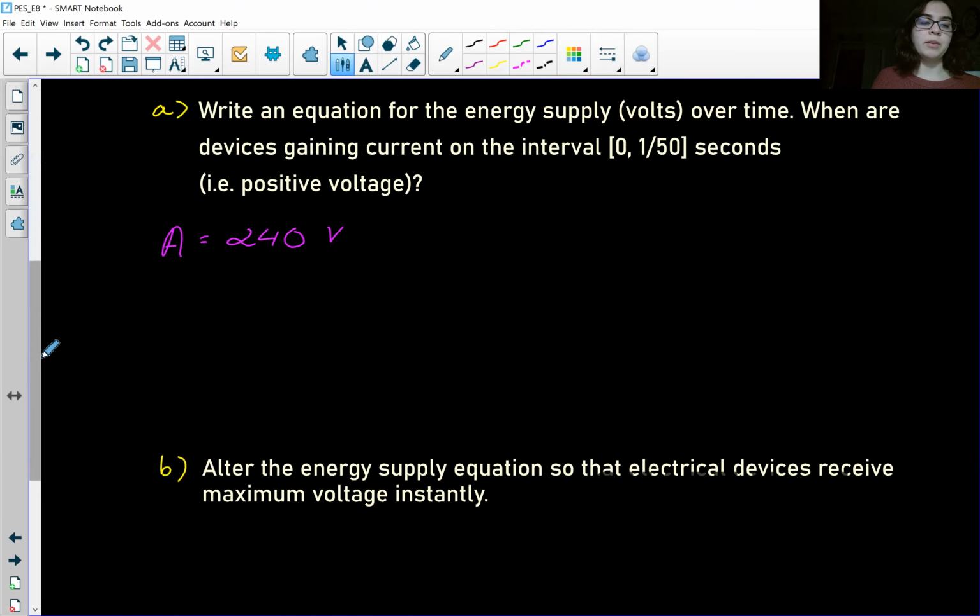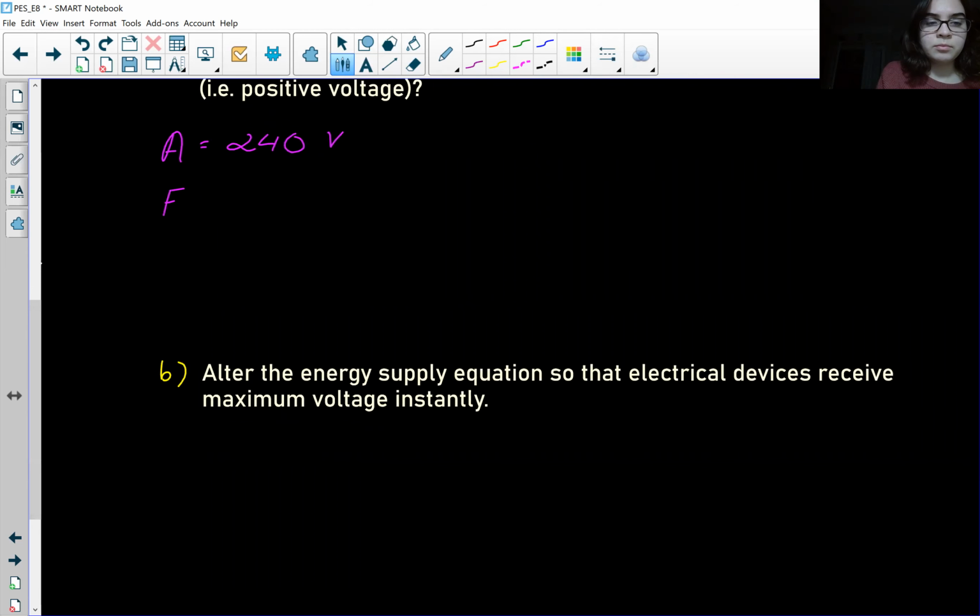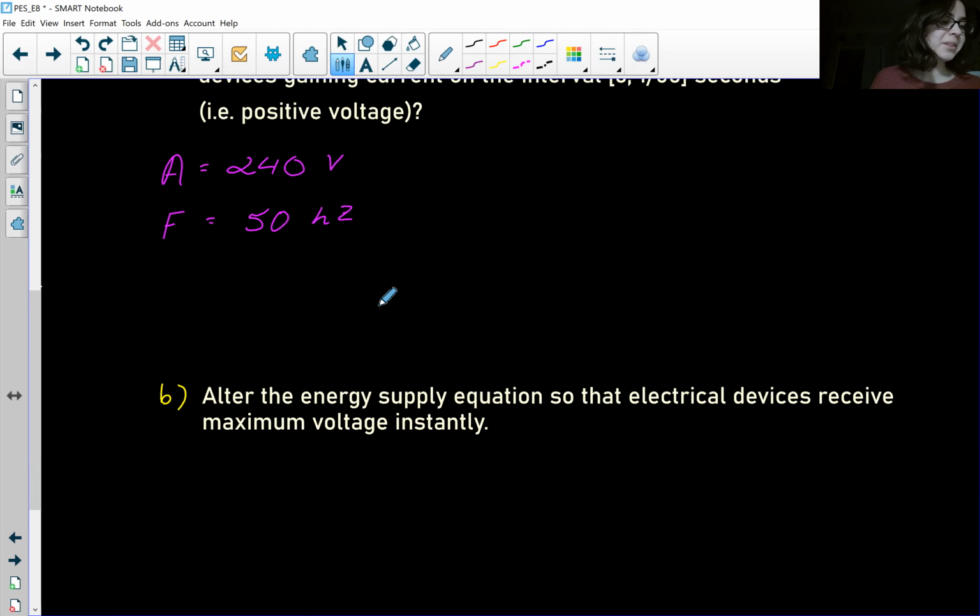And what else were we given? We were given frequency of 50. And in case you didn't know, hertz is just 1/second. So it basically just means 50 cycles per second, what we've been talking about with frequency.